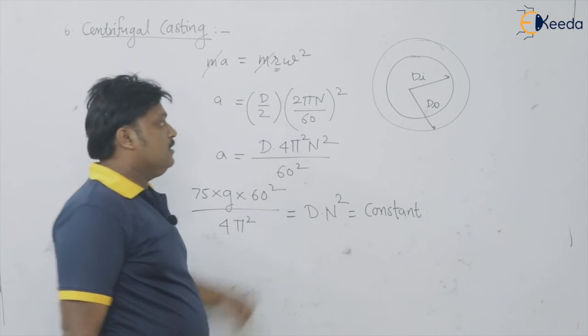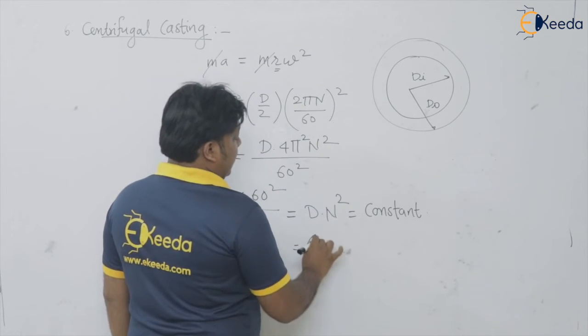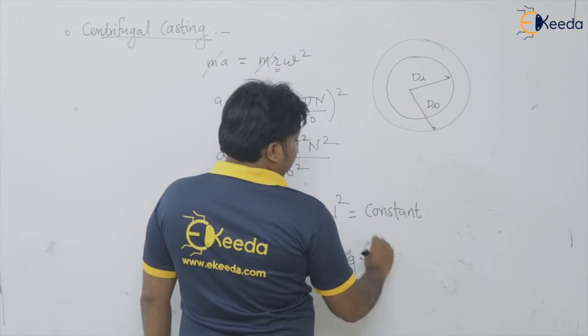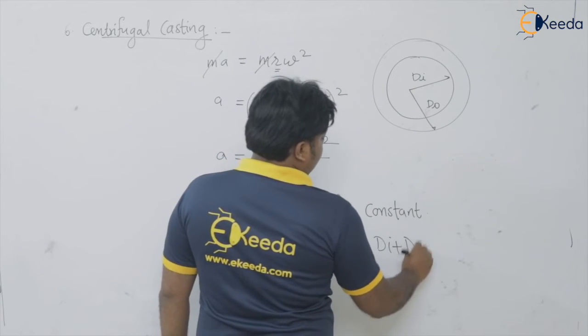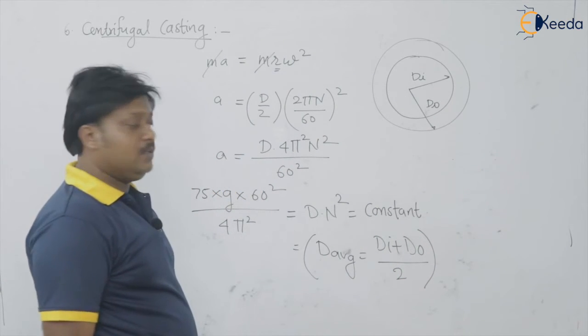Here the D can be taken as the average, D average, which is equal to D inner plus D outer divided by 2. Understood?